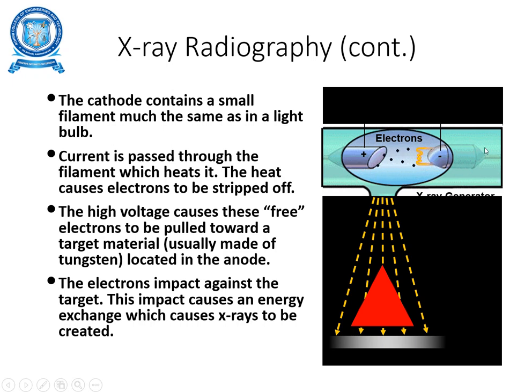The high voltage causes the free electrons to be pulled towards the target material. This target material, usually made of tungsten, is located in the anode, and the electrons are made to impact against the target. This impact causes an energy exchange, which causes X-rays to be created, and these X-rays are made to fall on the test specimen.